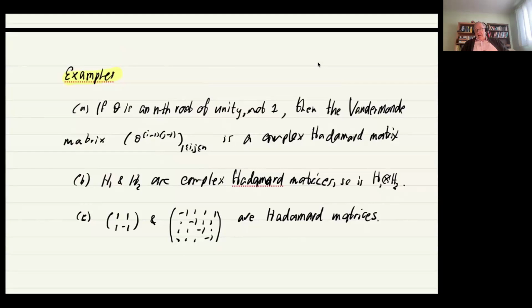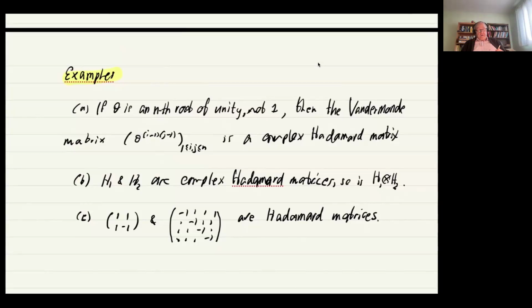And so the Schur product of complex Hadamard matrices is a complex Hadamard matrix. The Kronecker product of complex Hadamard matrices is a complex Hadamard matrix, and the Kronecker product of real Hadamard matrices is a real Hadamard matrix. So once we have one, we get equally many.